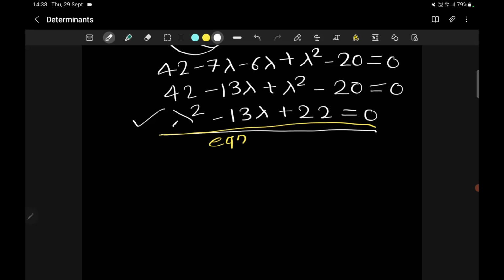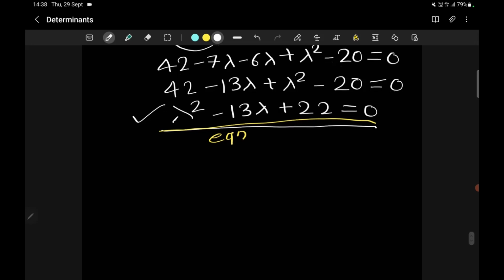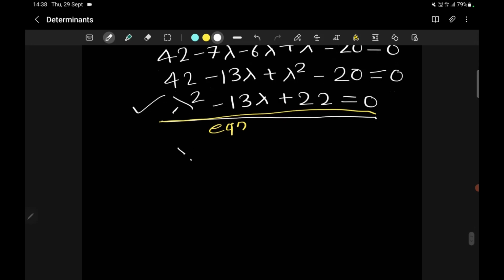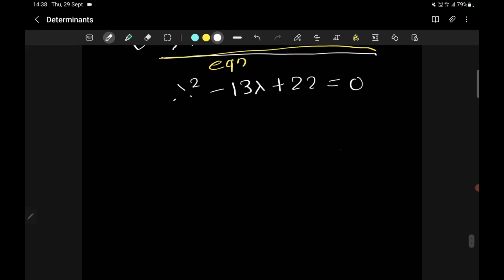Now if we want roots for this, then we have to simplify this further. So we'll take this once again, lambda square minus 13 lambda plus 22 is equals to 0. Now we have to simplify this. We have to take this term 22 and find two numbers such that if we multiply them, we'll get 22, and if we add them, we'll get 13.